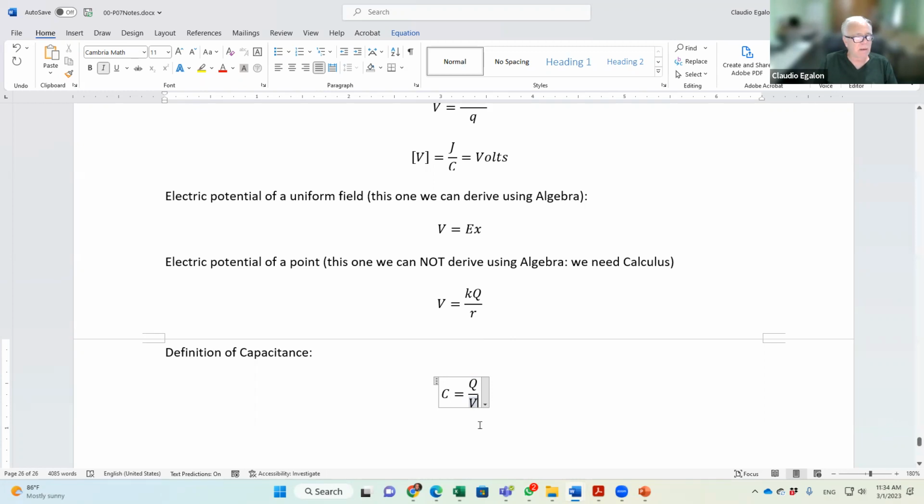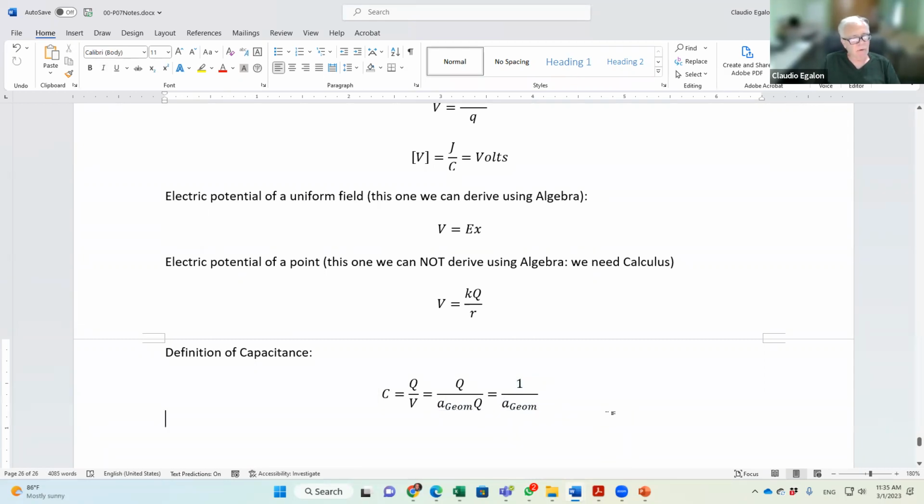Even though you have Q over V here, the Q and the V end up canceling. Why is that? Because this V will always be proportional to the charge, okay? And proportional to the charge means we have a constant here that's dependent on the geometry of the problem. This Q cancels out, and what's left is a value that depends on the geometry of the distribution of the charges. So people found that out about this definition.